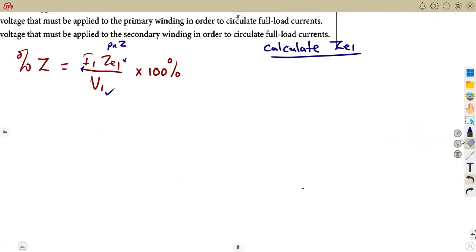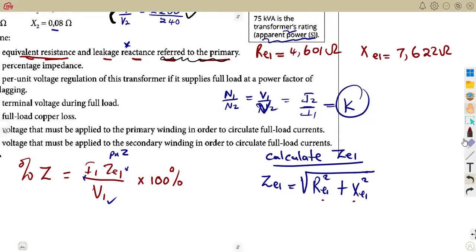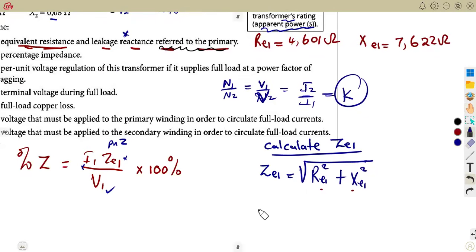So we saw that from that calculation that our ZE1, which is the equivalent impedance, is going to be the square root of RE1 squared plus XE1 squared, which is of the primary. And these values are already calculated here. These are the ones that we obtained there. So that is advantage of continuing with what you calculated before. So our R is there.